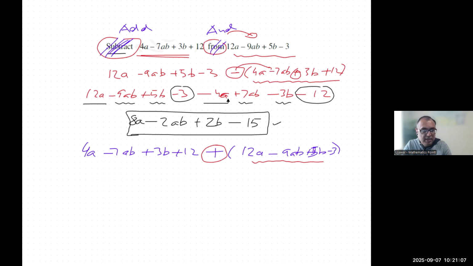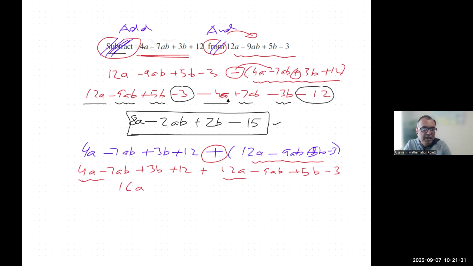So you can easily open the bracket up and I say 12a take away 9ab plus 5b take away 3. And I just collect the like terms. 4a and 12a makes 16a.